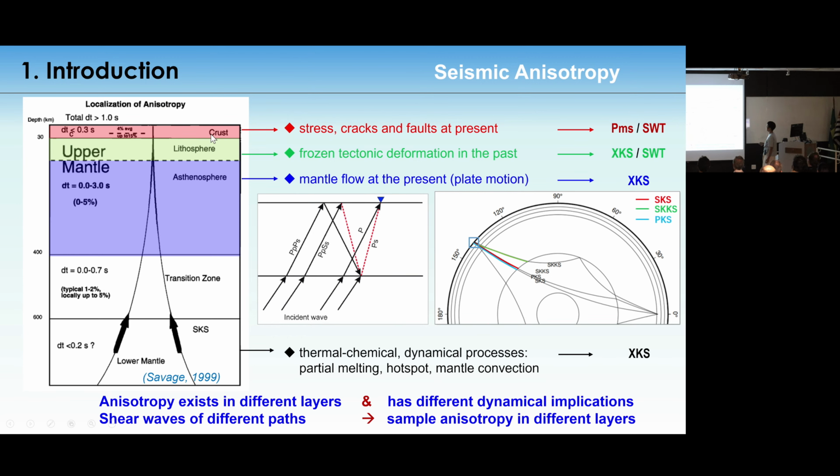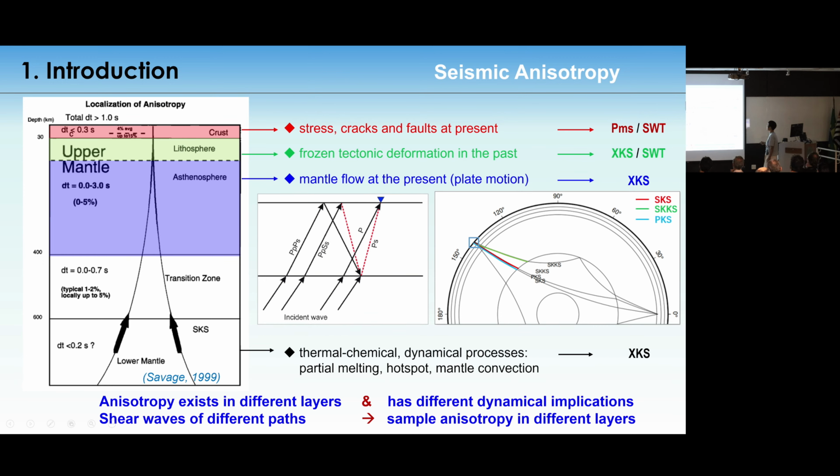The shallow part may originate from stress, cracks or faults, and the lithosphere may include some imprints of frozen tectonic deformation. The asthenosphere may include information about present mantle flow, and the lower mantle may be related to some thermochemical or dynamic processes.